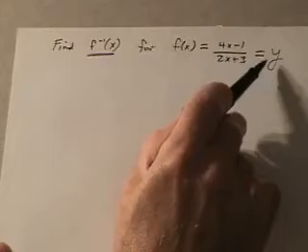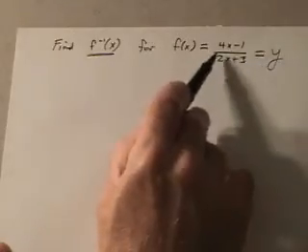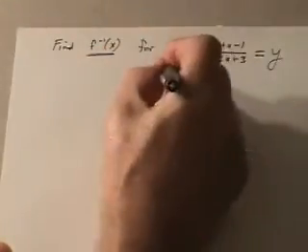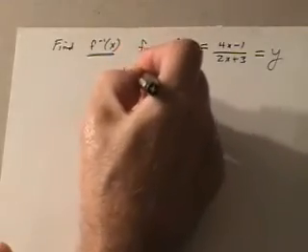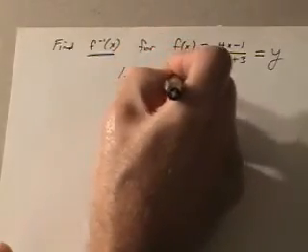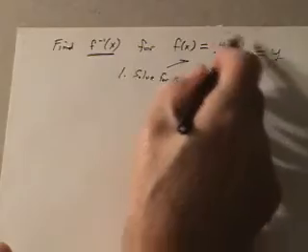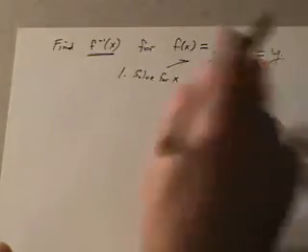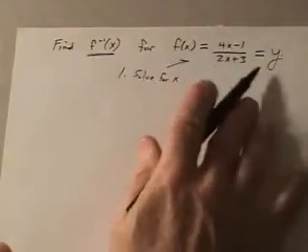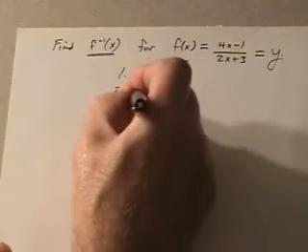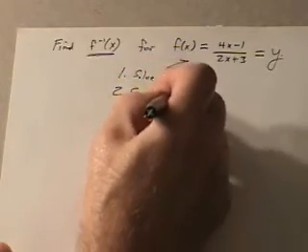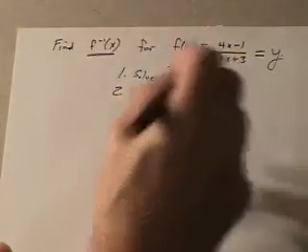Well, the solution is to first take this equation, step 1, solve for x in the equation function equals y. Never mind how we're going to do that. After we do that, step 2, switch x and y.